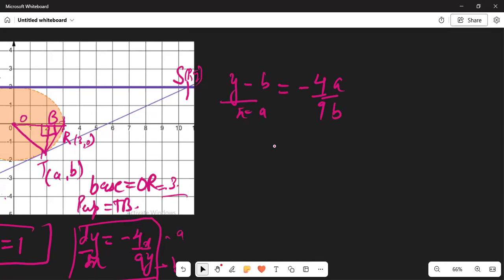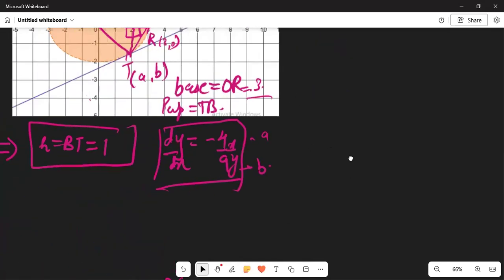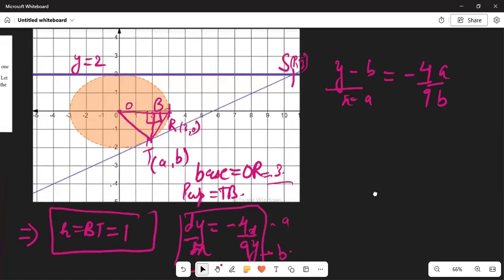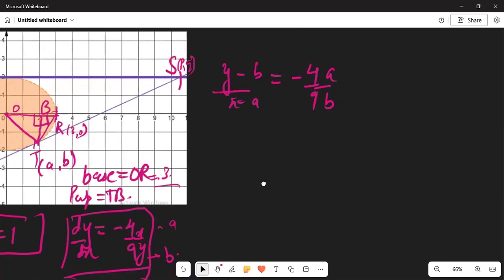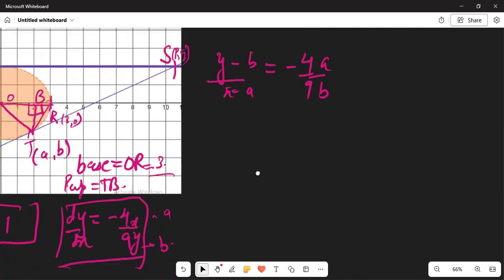But we have the equation of the tangent line. We can find the equation of the tangent line using the parametric form as well. The parametric form of the ellipse is given by (3 cos t, 2 sin t), where t lies between 0 and 2 pi.